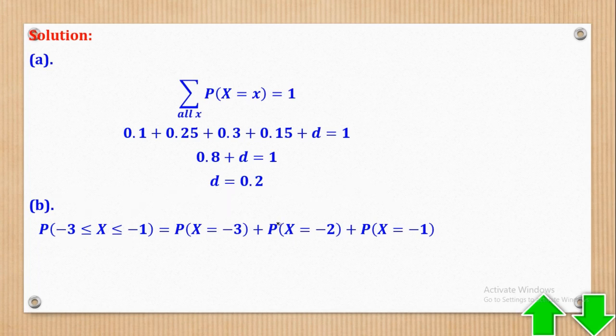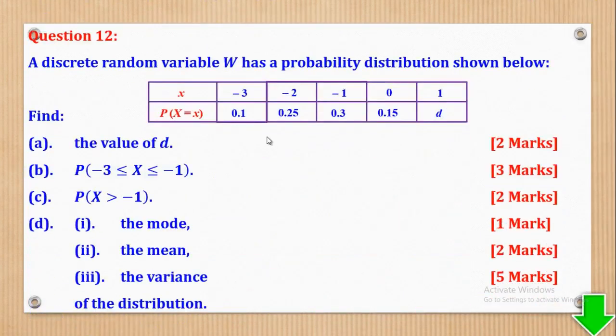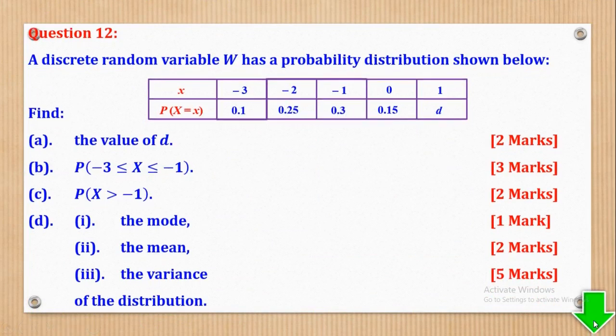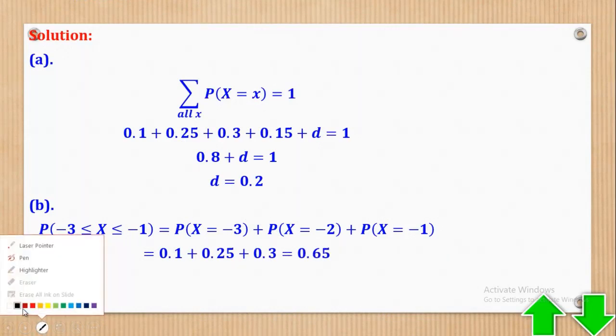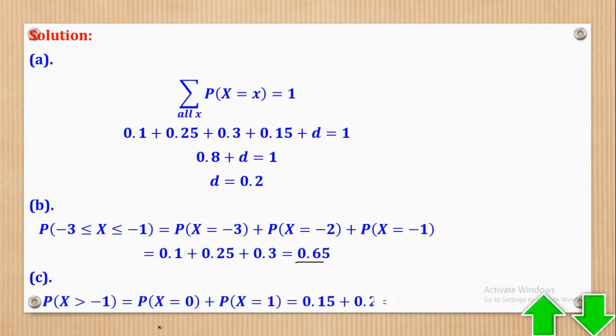So the probability of x equal to -3, you'll get it from this table. So -3 is 0.1, -2 is 0.25, -1 is 0.3. So come and add all those ones, and the answer will be 0.65. Then part C, the probability of x greater than -1.